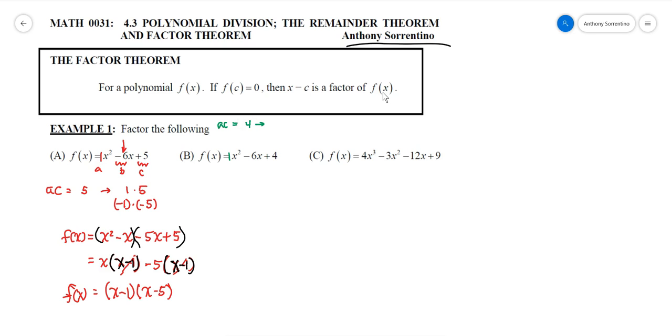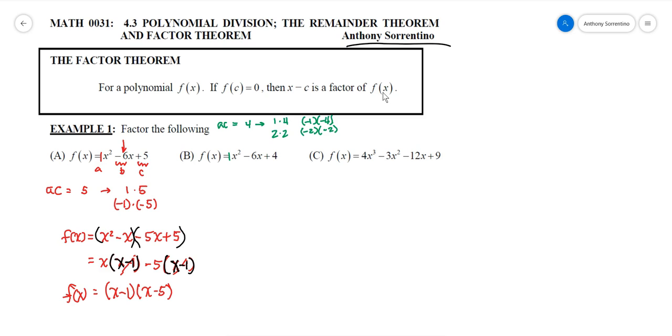The only ways I could get 4 are 1 times 4, 2 times 2, -1 times -4, and -2 times -2. None of those will add up to give me -6, which is what b equals. Therefore, I cannot use factoring, quote unquote, as a way of doing this.